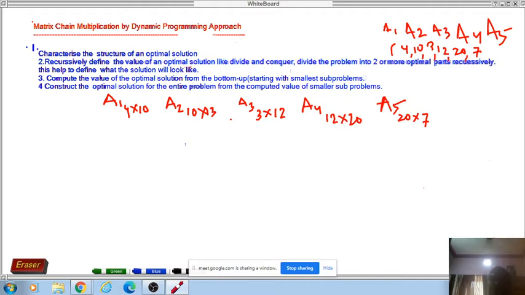From that you have to understand that A1 is a matrix of order 4 into 10, and you write it like this. A2 is a matrix of order 10 cross 3, and so on.